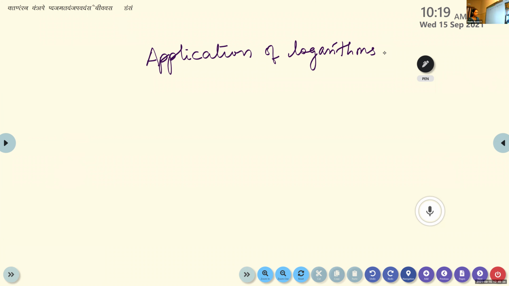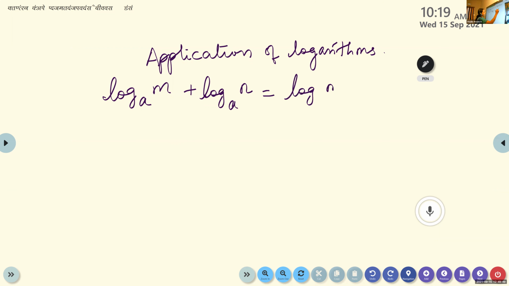Yes. What is log m to the base a plus log n to the base a? We can write this as log mn. Whether we have discussed this one or not?